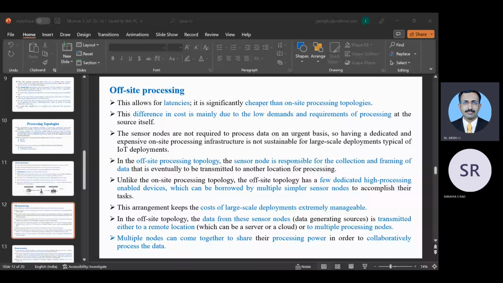But if there is no much concern about latency or about the transmission of data, it is okay that it takes its own time or some delay, there is no issue. Then the processing topology will be slightly cheaper.